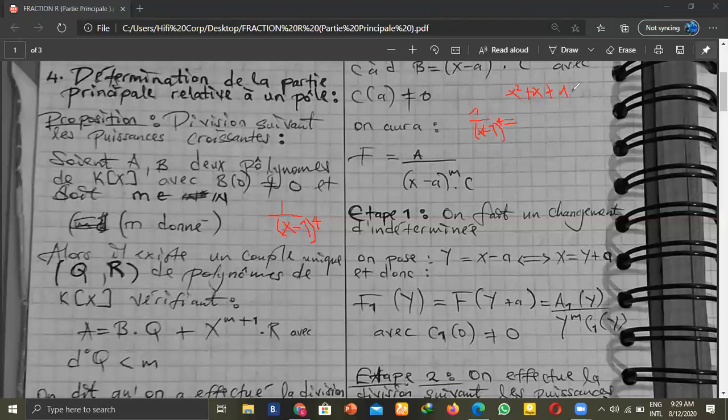So that's why in C we put this in its identical form: x minus j, x minus j bar of this.